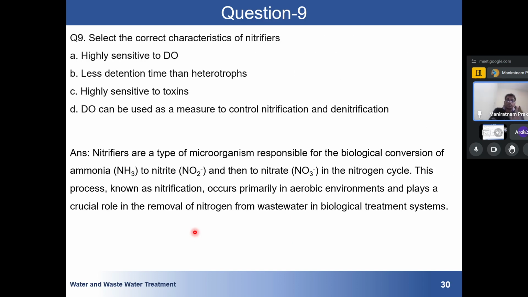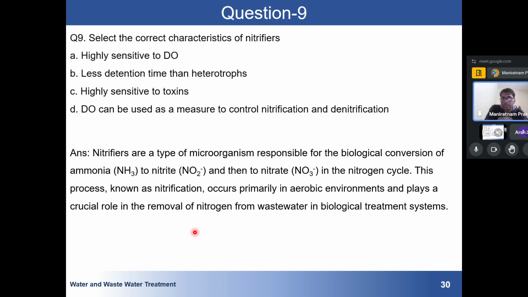Remember, the first question is why it is important to remove nitrogen from the system. The removal of nitrogen is required because excess nitrogen can cause eutrophication. Imagine you have not removed nitrogen from your wastewater and you discharge it into a river or lake.